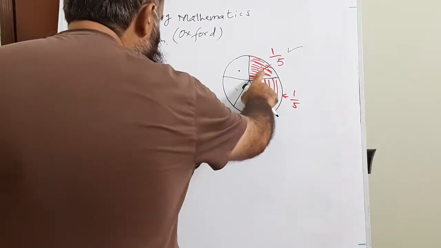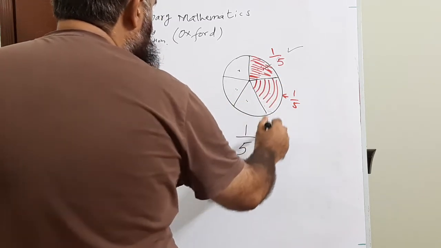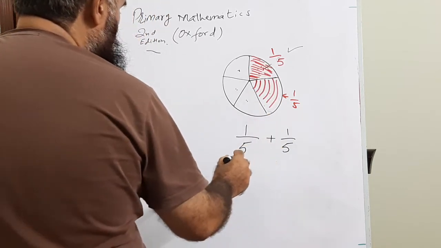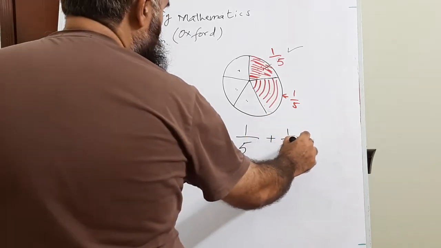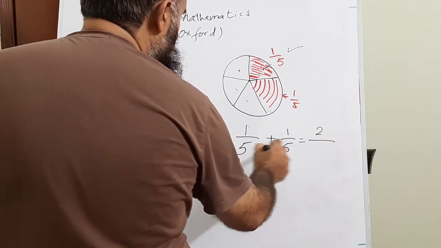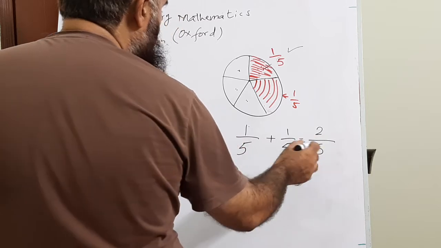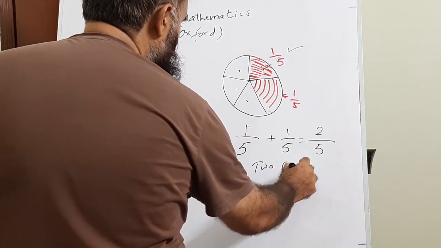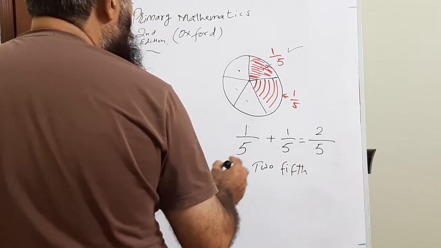So 1/5 and 1/5. Two parts are shaded. So we can say 1 plus 1 is 2 and this 5 will remain the same, 2/5. The answer is the same: 2/5 of the circle is shaded.